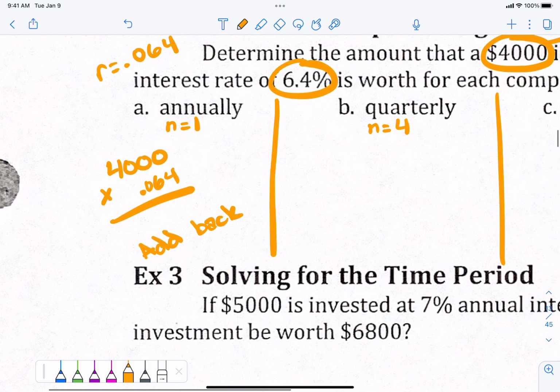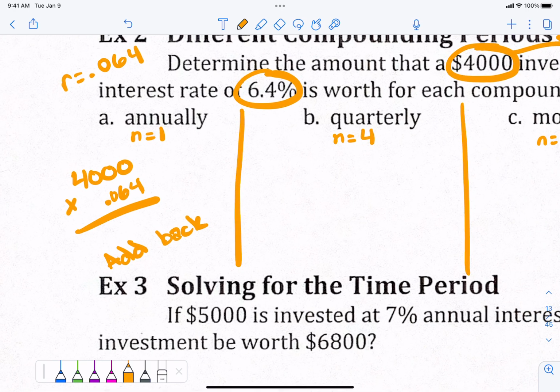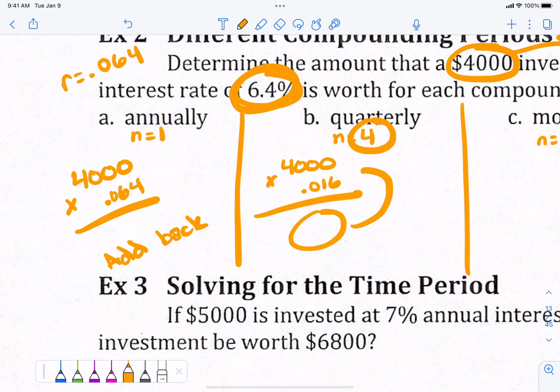If you're doing it quarterly, this is what it means. You're going to take your $4,000 and multiply by a fourth of 6.4%, which is 1.6%. So I'm going to multiply by 0.016 because that is a fourth of the percentage. At the end of the 3 months, at the end of the quarter, I multiply, get a number, and add that back.